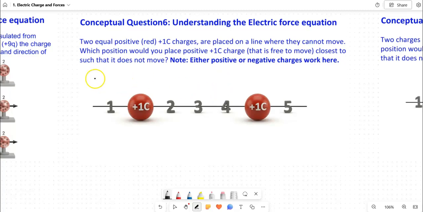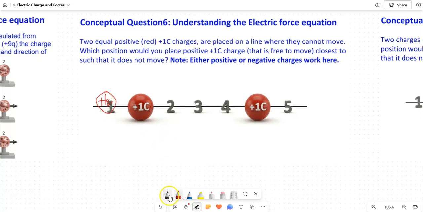Okay, say I put a positive 1q charge right here.